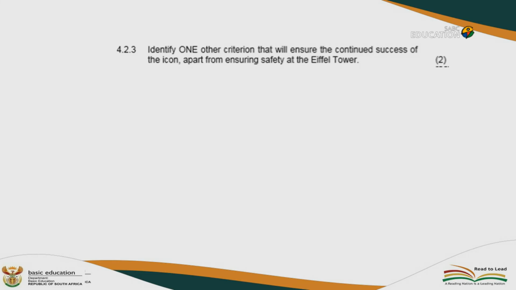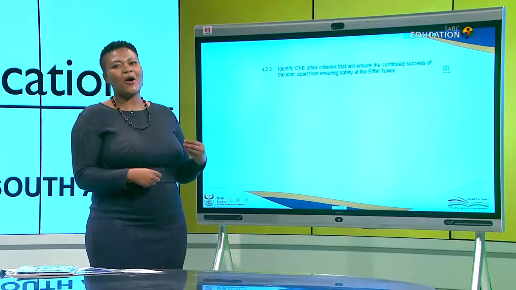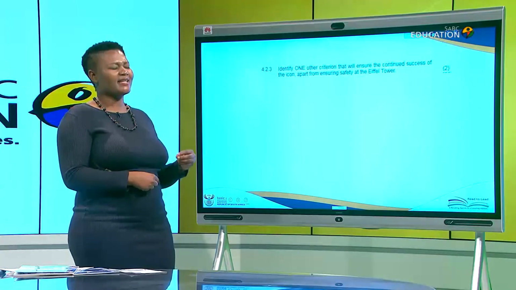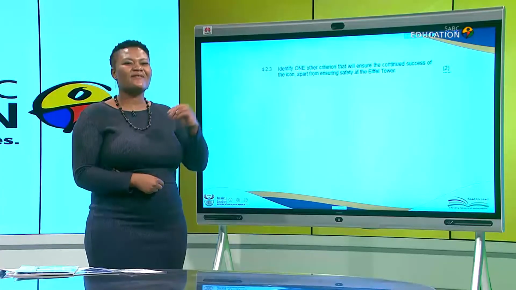And then 4.2.3, identify one criterion that will ensure the continued success of the icon apart from ensuring safety at the Eiffel Tower. I love this question because now they're actually indirectly asking you about the factors that contribute to the success of a tourist attraction. So when they're talking about identify one other criterion, they're actually referring to a factor.